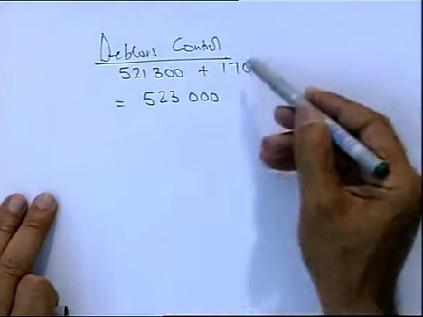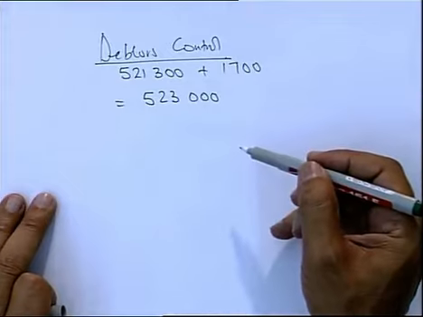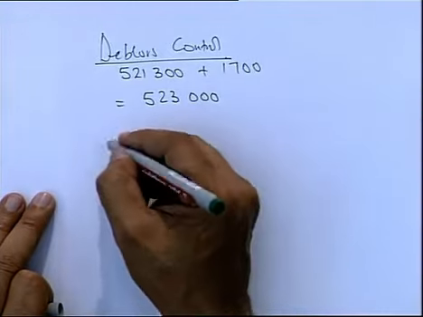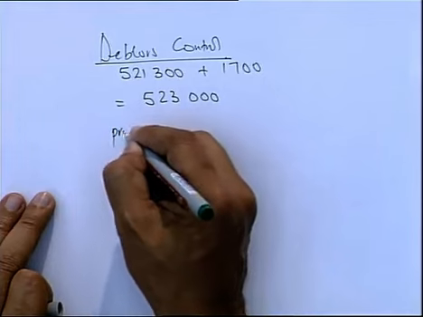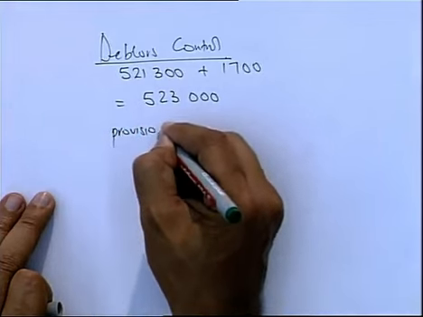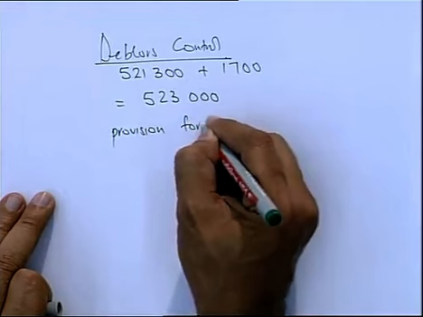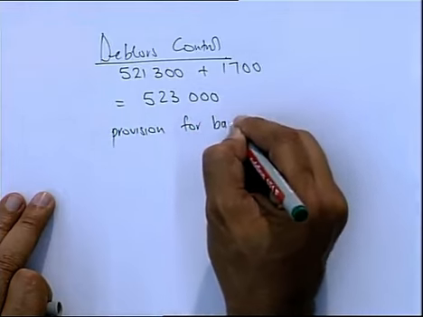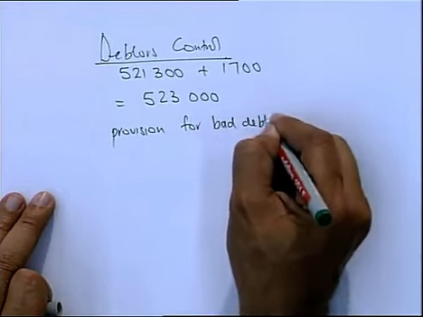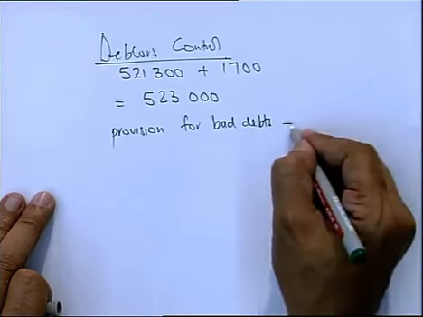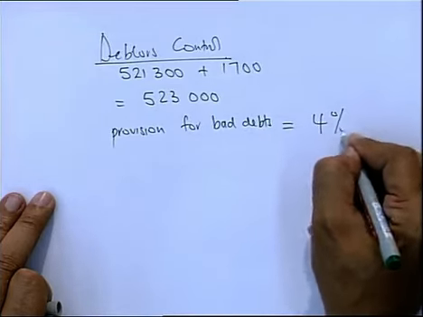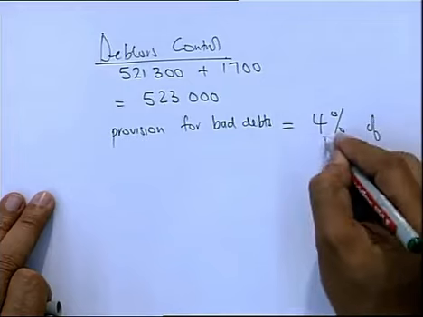Learners, why do we use the debtors control? Because the very next adjustment will talk about the provision for bad debts. And that provision for bad debts will be 4% of the debtors.